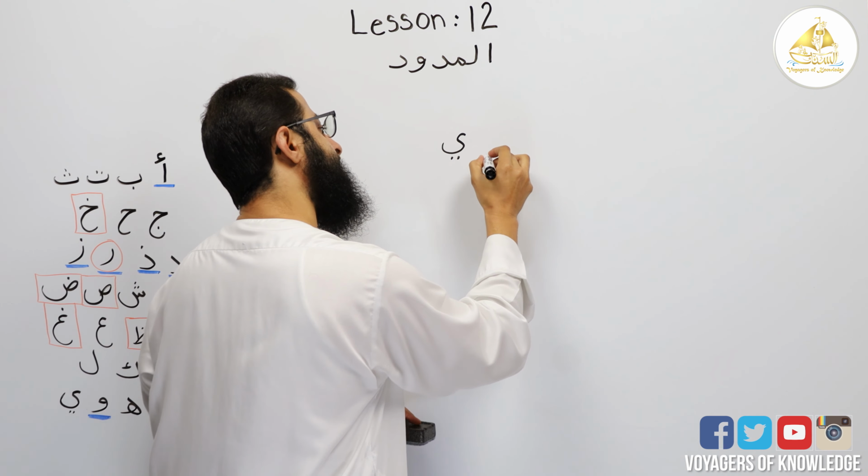Don't make the vowel too long, and don't make it short. Make it at least two harakat. So in these words, I want you to hear the extension of the vowel. And in this one that we're learning, the kasra is made longer because of the appearance of the vowel ya, which you'll see right here.